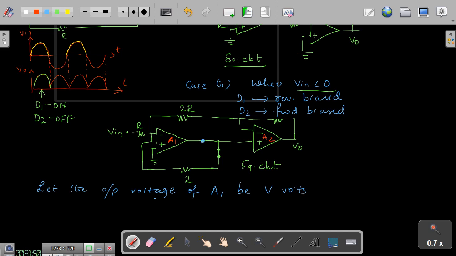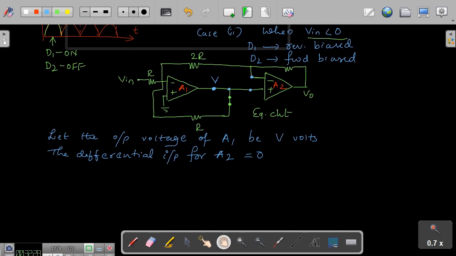Let us say this voltage is V volt here, or this point, both are the same. When this voltage is V, the differential input for A2, that is between this point and this point, is equal to 0.